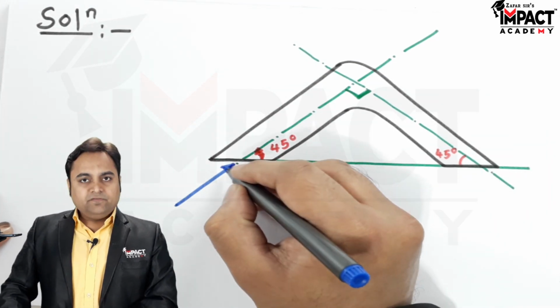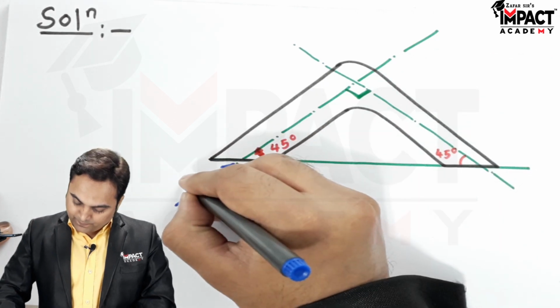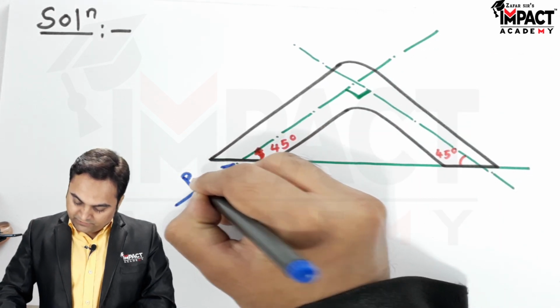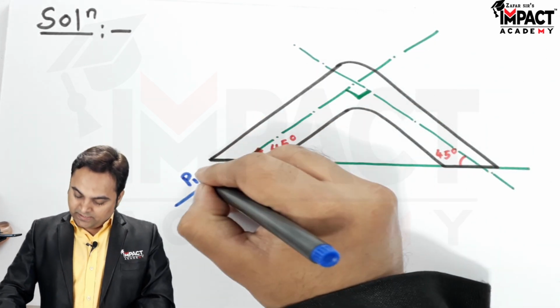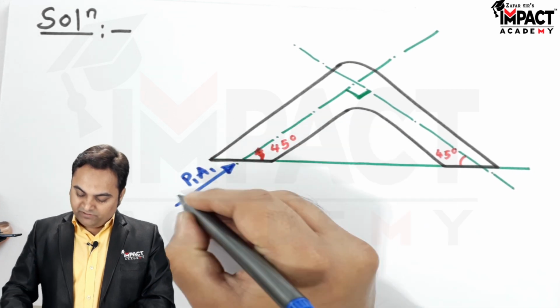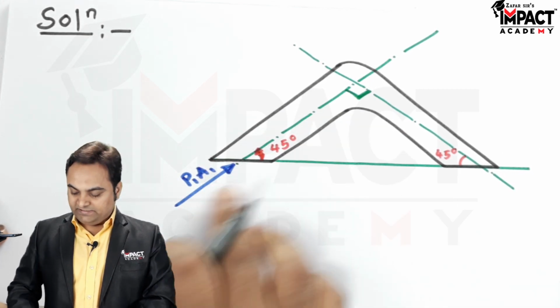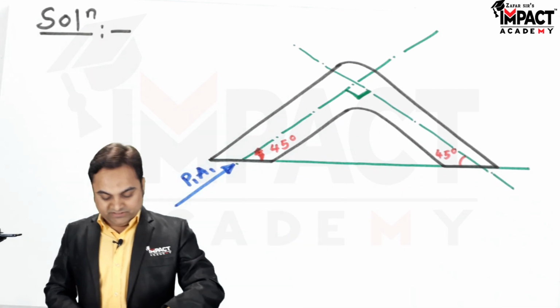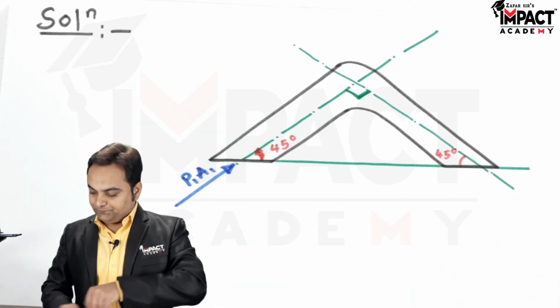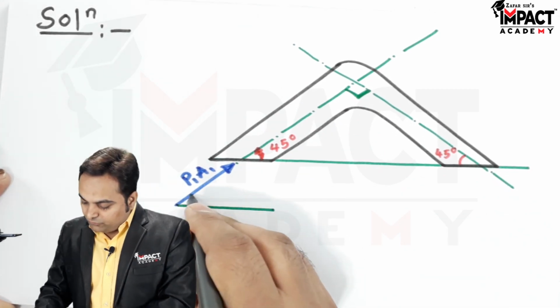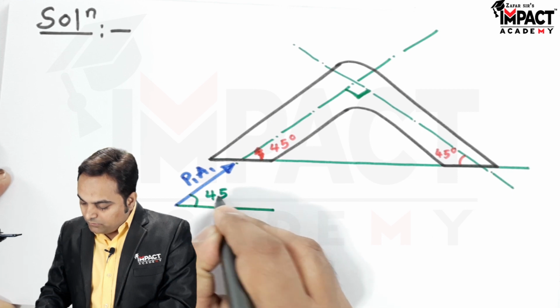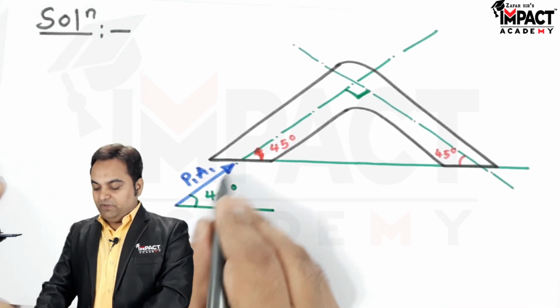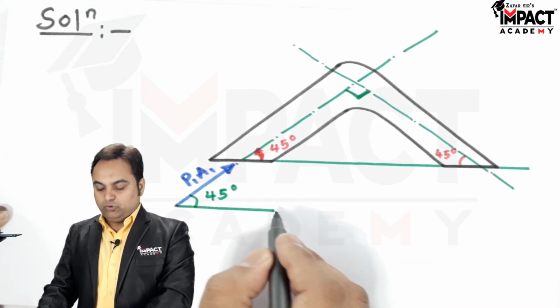Now it is entering with a pressure force of P1, that is pressure at inlet, and area 1. So P1 into A1 gives me the pressure force at inlet. And now since it is inclined at 45 degrees to the horizontal, P1 A1 gets divided into two components.